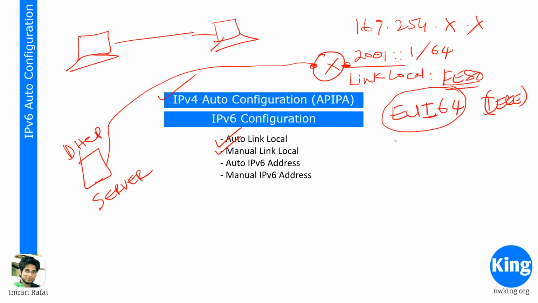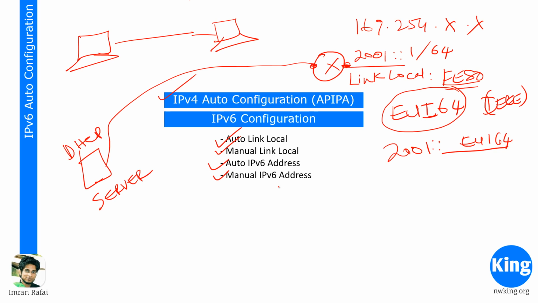So I can say I want 2001: and I want the EUI64 format, right? That's absolutely possible, and that is a way to automatically configure an IP address, and we'll show you how to do that in a bit. And manual IP address configuration, like we did, we put IPv6 and you give the address /64, and that is the manual IPv6 address configuration, right?